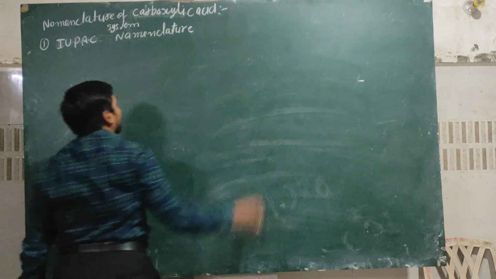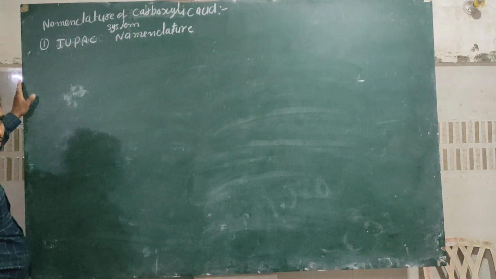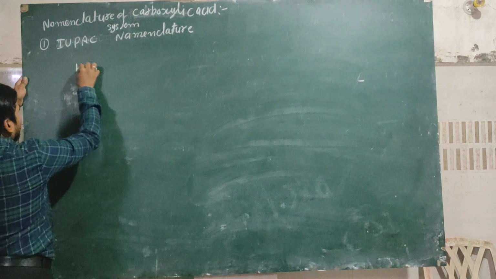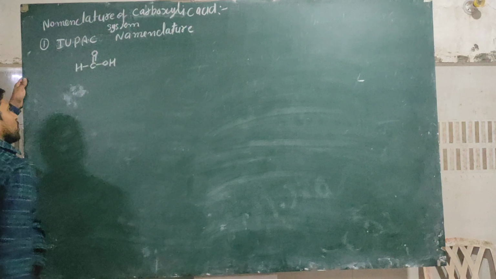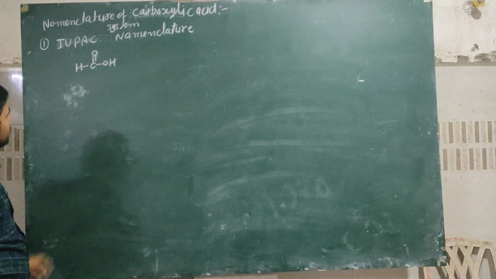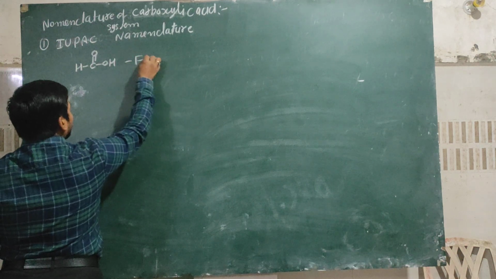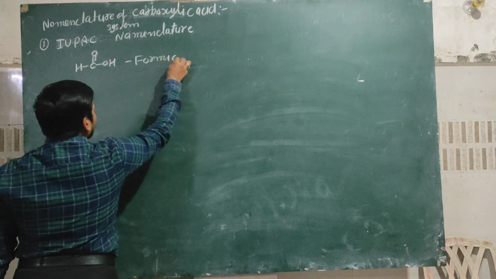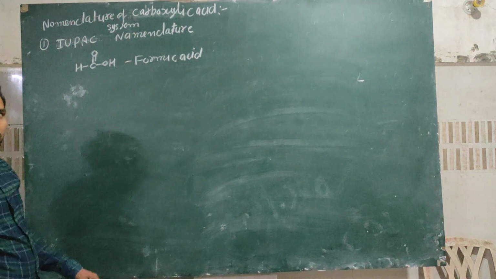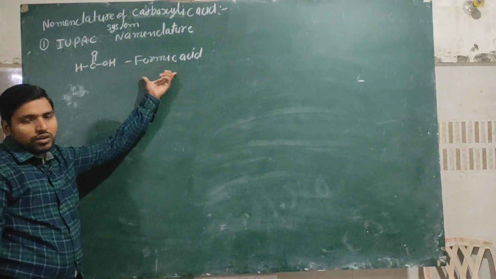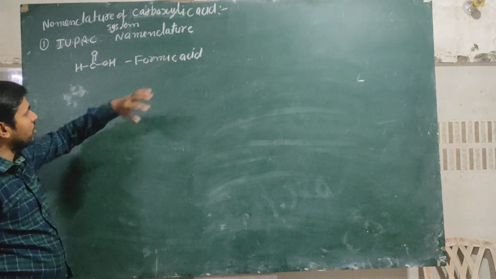In the common system, the first carboxylic acid, which originated from the head of ant, has the name formic acid. Formic acid is taken from the word formica, and this acid was found in the head of ants, so it was named formic acid.